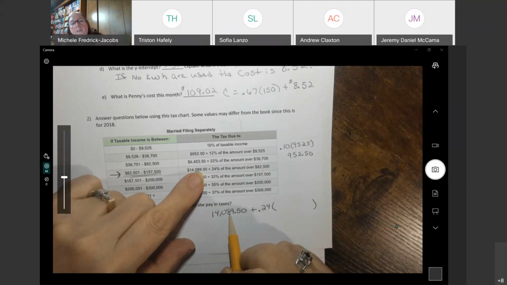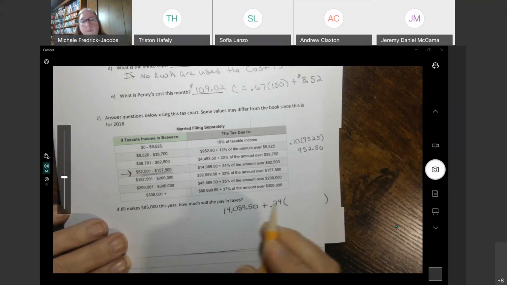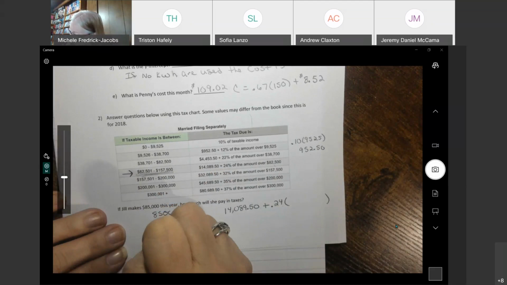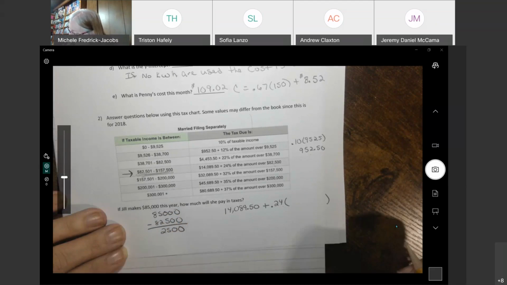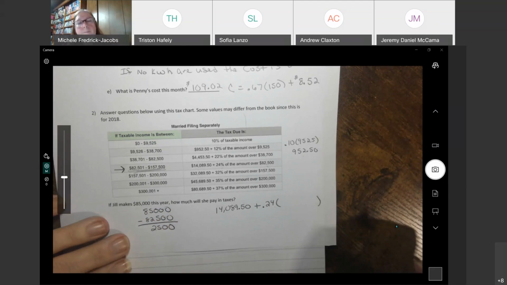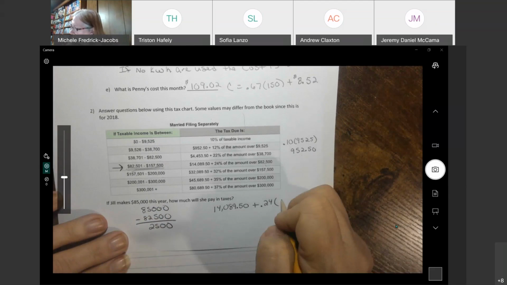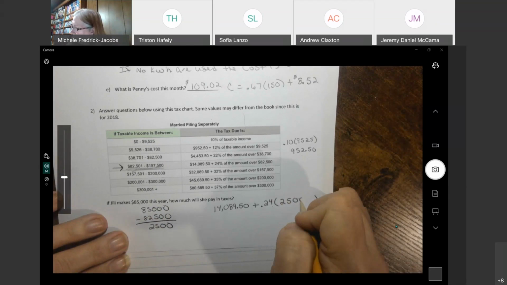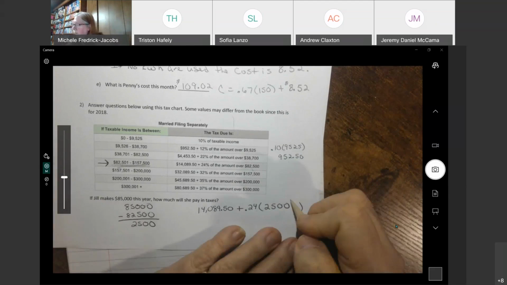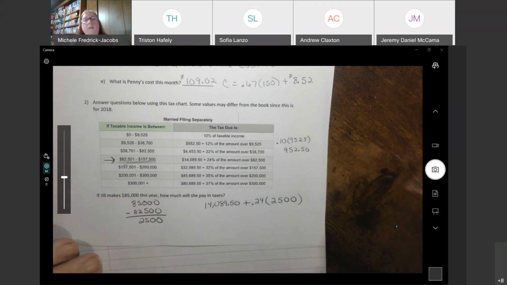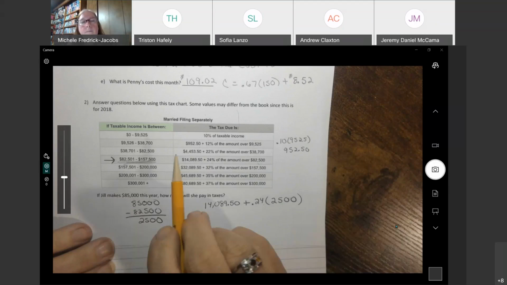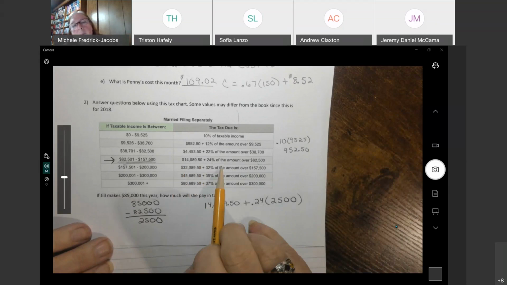So it's this amount plus 24% of, if I made 85,000, I'm going to subtract the 82,500. So I'm only paying 24% of 2,500. So you just do whatever that row says.